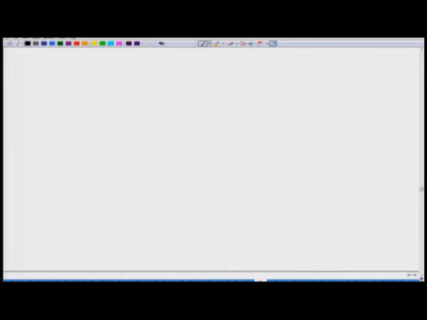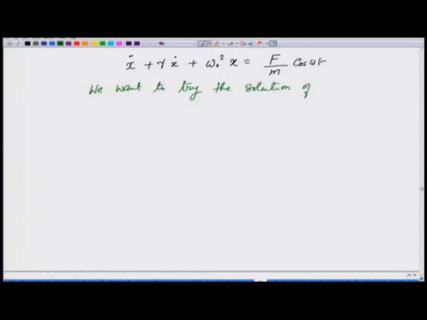So, let us analyze that. So, now we are looking at x double dot plus gamma x dot plus omega 0 square x equals f over m cosine of omega t, and we want to try the solution of the form x t equals some amplitude a cosine of omega t.